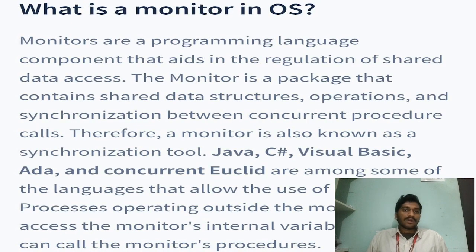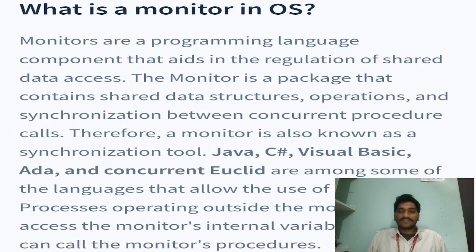First, what is a monitor in OS? Monitors are a programming language component that aids in the regulation of shared data access. The monitor is a package that contains shared data structures, operations, and synchronization between concurrent procedure calls. Therefore, a monitor is also known as a synchronization construct.